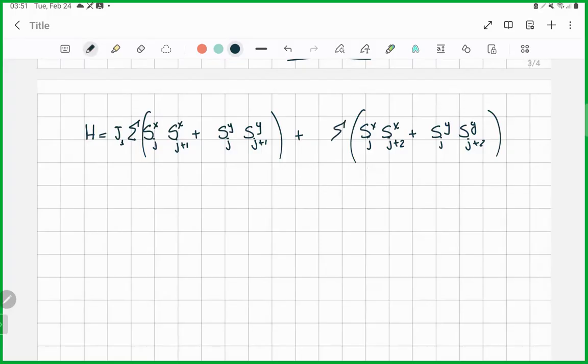So if you just look at this Hamiltonian, well, perhaps you're not going to be immediately able to say whether there are interacting terms here. But if you do the Jordan-Wigner transformation, you will.